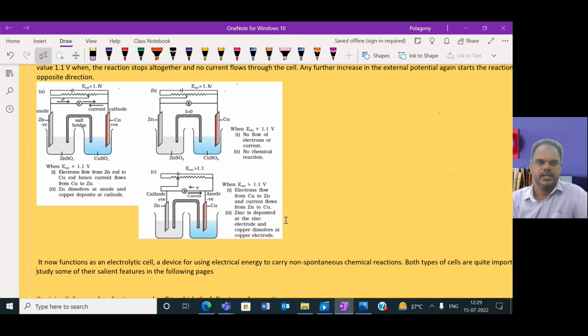The cell potential of the galvanic cell is equivalent to how much? 1.1 V is the difference between the reduction potentials of zinc and copper when both electrodes are connected through the circuit.